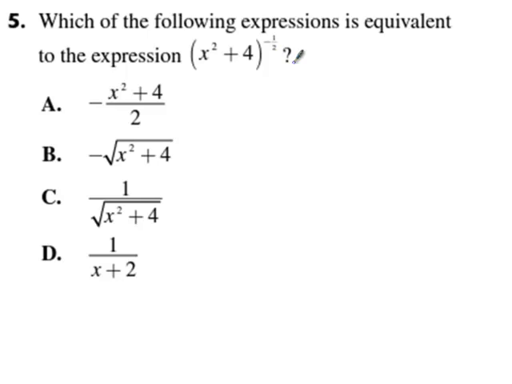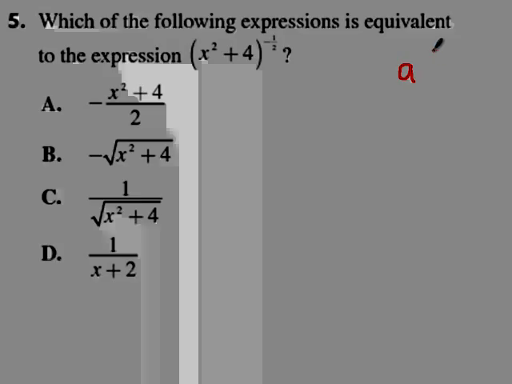Which of the following expressions is equivalent to the quantity X squared plus 4, all raised to the negative 1/2 exponent? When we have a number raised to, let's say, a negative exponent, let's say a raised to negative 2, we can write this as 1 over the same base, but the exponent becomes positive.